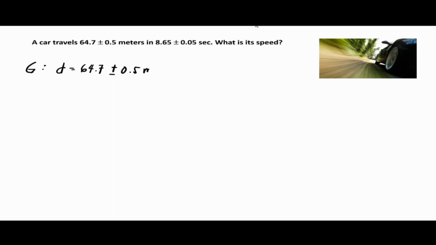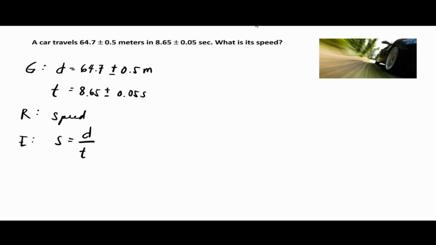And then the time is equal to 8.65 with uncertainty plus minus 0.05 seconds. Here we are required to solve for the speed of the car, considering that it has uncertainties in its measurement.